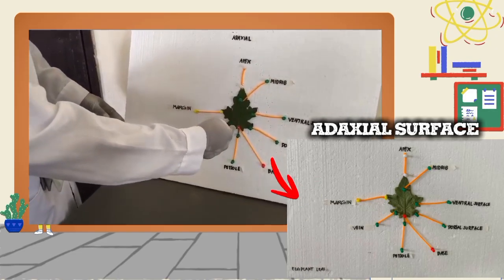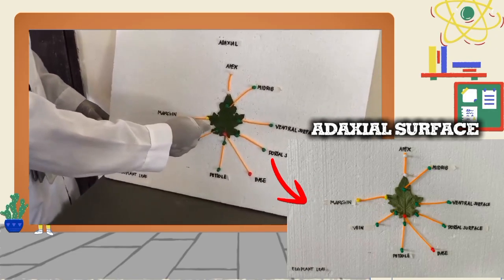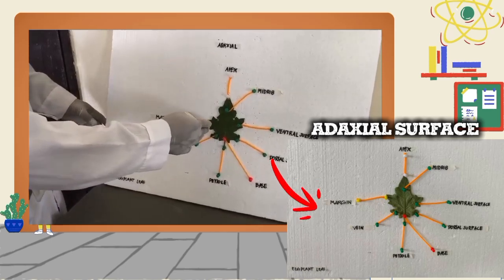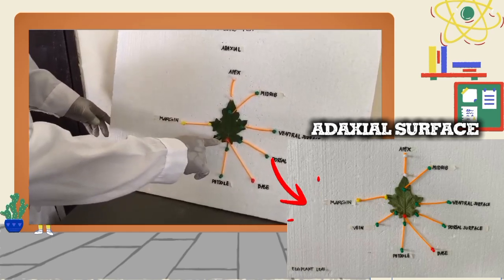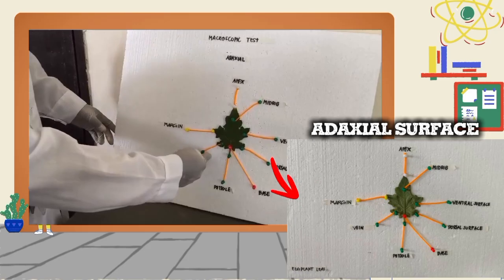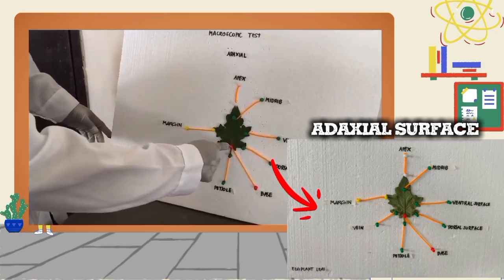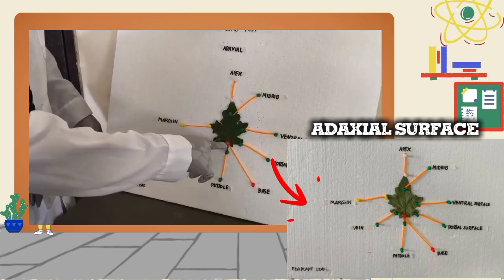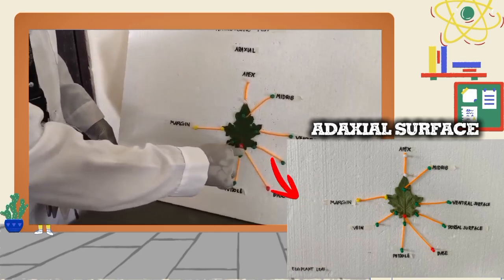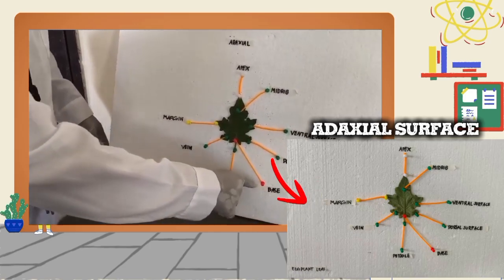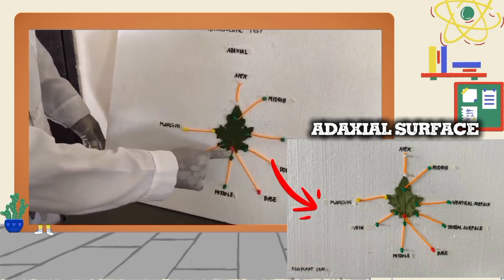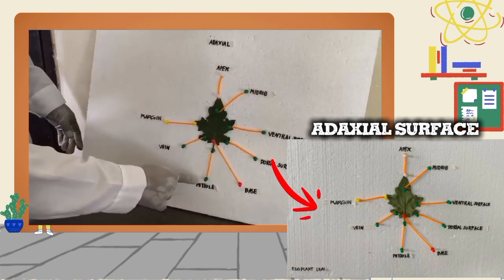And at the lower part of this margin we can see the vein. And at the center portion of the specimen we can find the base, and here we can find the petiole.